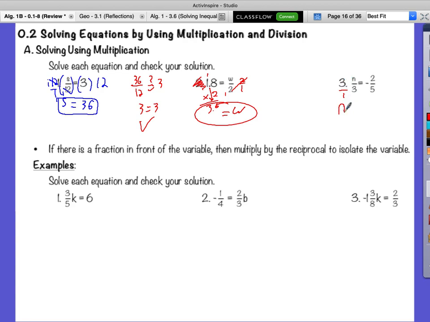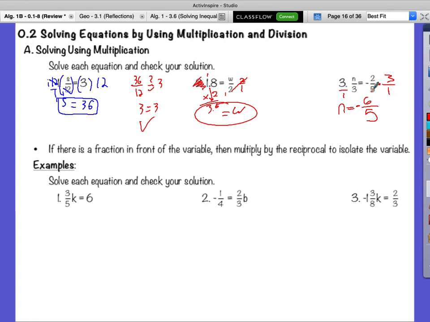This is just N. Very good. Now, hey, Sierra, why did you multiply by 3? I agree with you, but why?